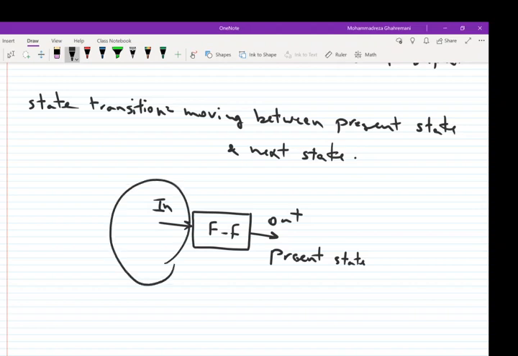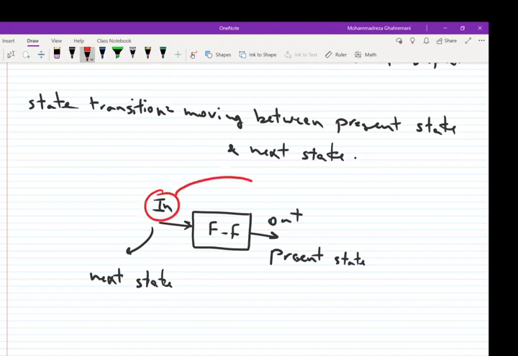And the input value is next state, because by activating the enable signal or clock signal, the input value will move to the output and become the present state. So at any flip-flop, input is next state and output is called present state.